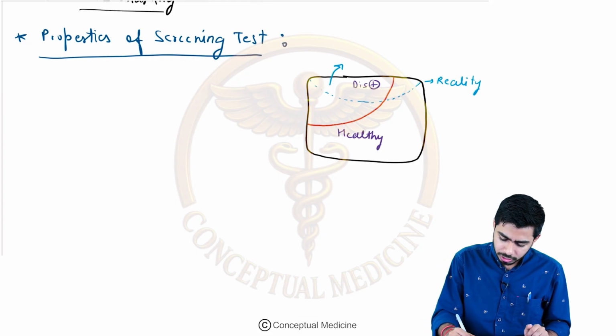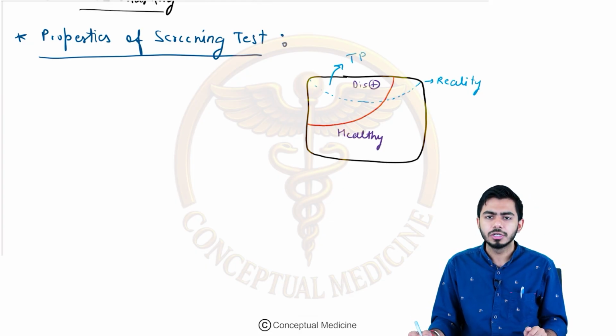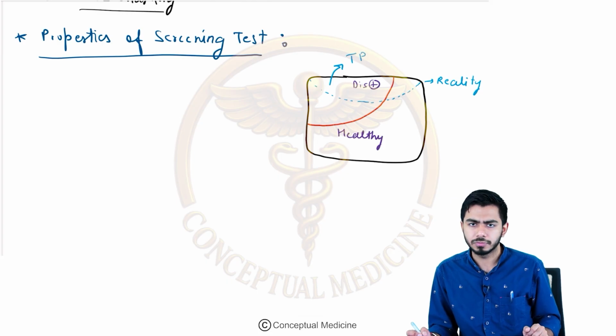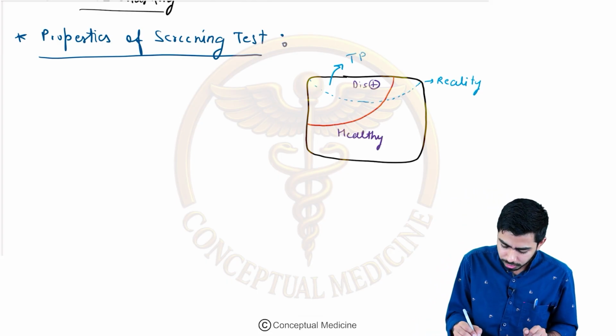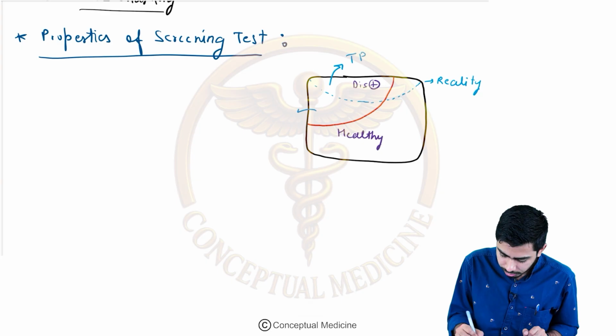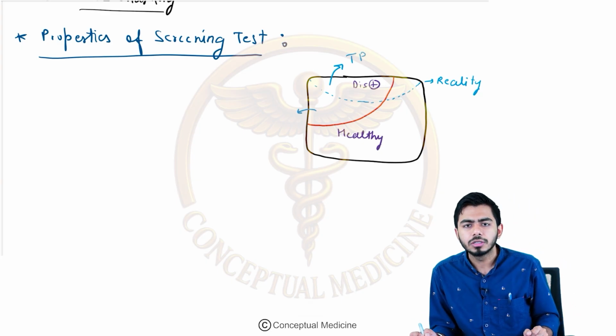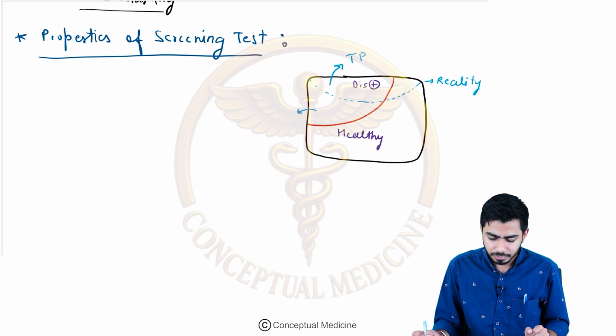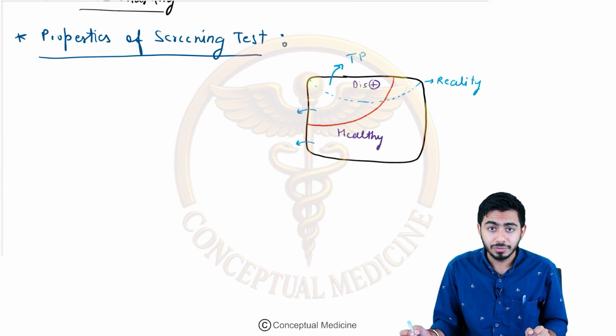So they are called true positive. TP means true positive, right? The persons who are falling in this category, what will they be called?